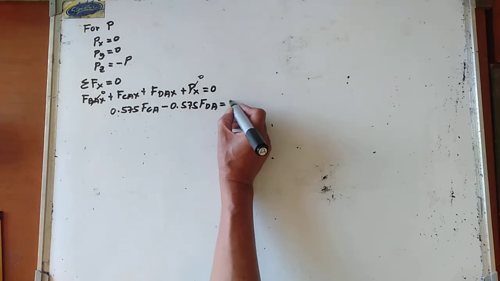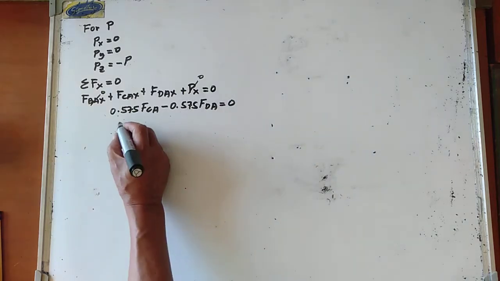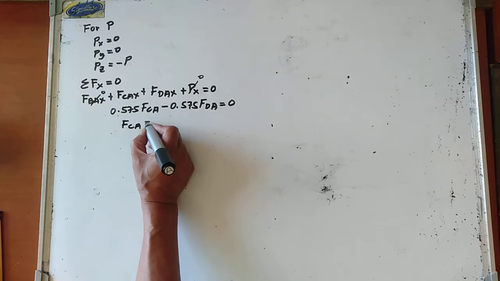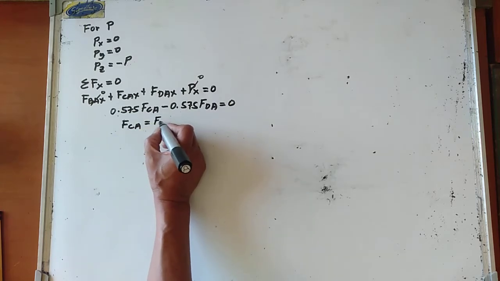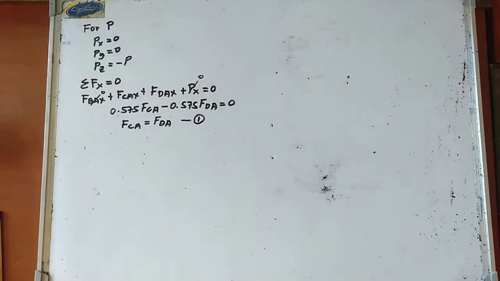Hence, this is equal to 0. So we now have your FCA is equal to FDA. So this is now the first equation.